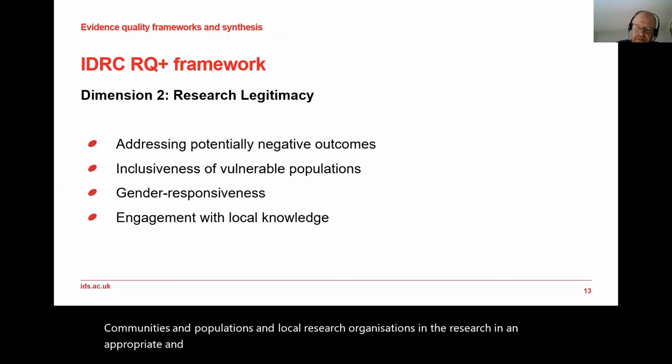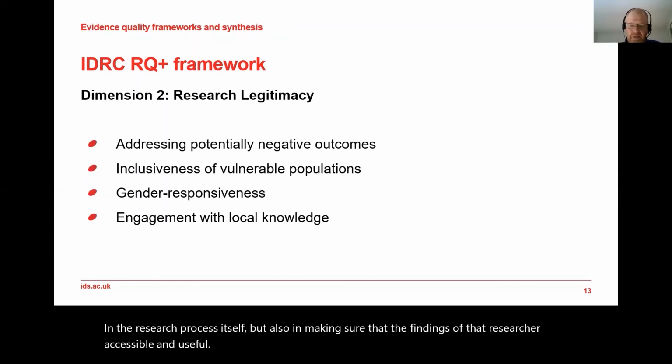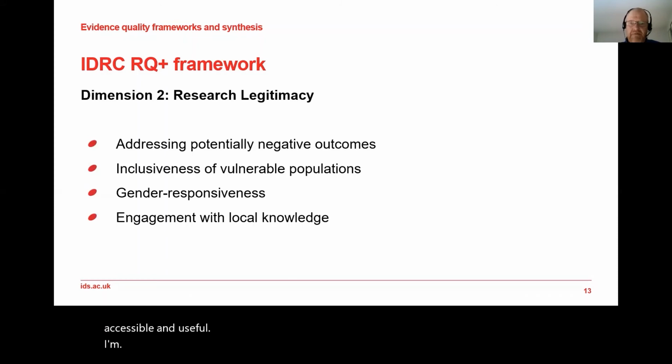That's both participation in the research process itself, but also making sure that the findings of that research are accessible and useful to those communities in appropriate ways, so that it's not just a wholly extractive process.